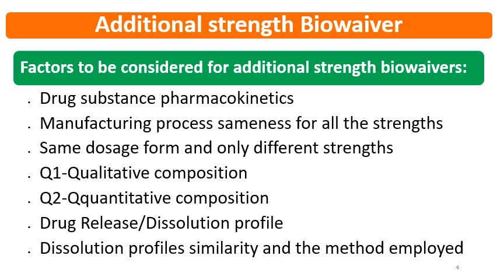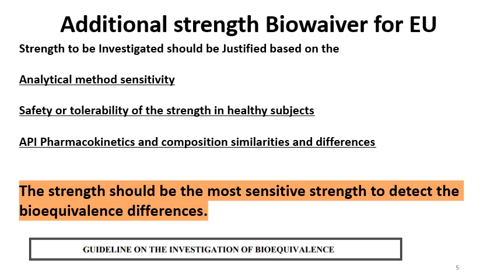Then Q1 qualitative composition, Q2 quantitative composition, and drug release or dissolution profile, and the drug release profile should be similar. If you are making a tablet formulation for one strength and a capsule formulation for another strength, the biowaiver cannot be granted. Then the strength to be investigated.